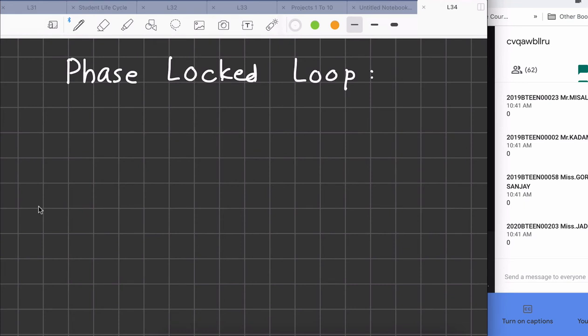So this particular block or circuit is used in many places, in many applications, many electronic systems, but the most prominent nowadays is the clock speed control of processor.